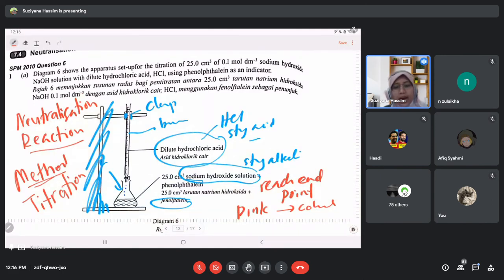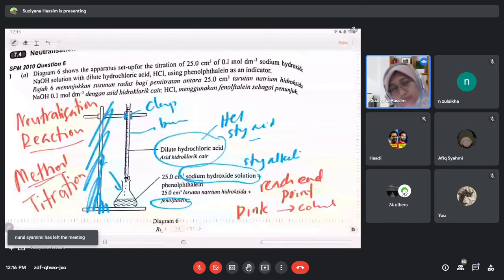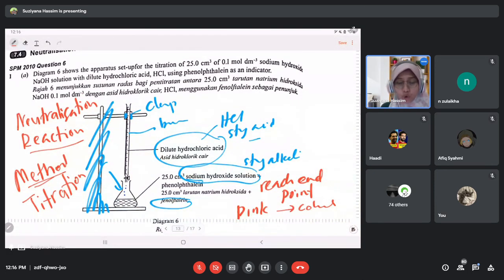Okay, how do you determine it reach the end point sayang? When the pink color turns to colorless. When you see the pink color for the last drop that fall into the conical flask, and then you see the pink color turns to colorless, stop titrating. Because it's already reached the end point.